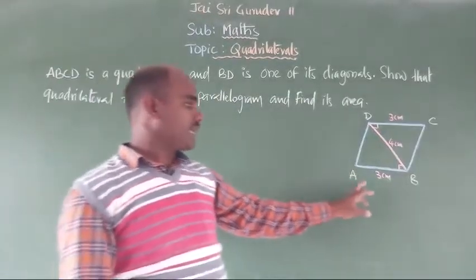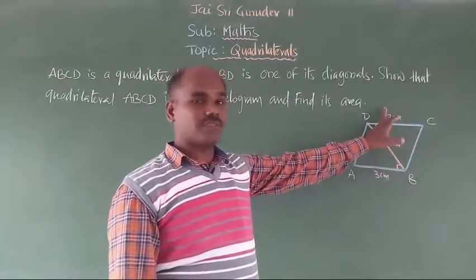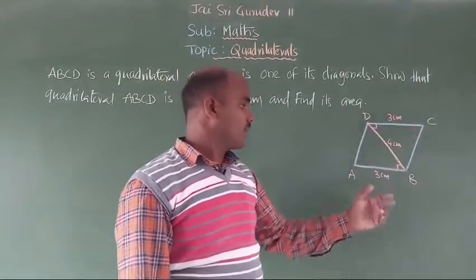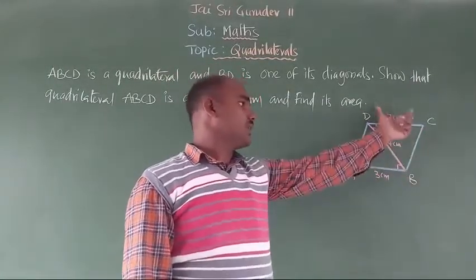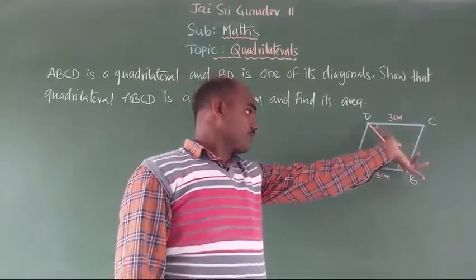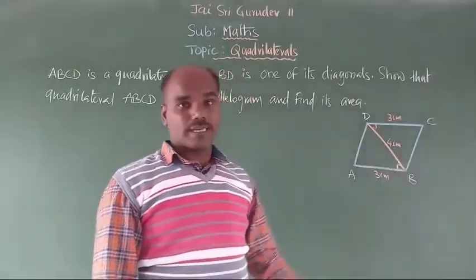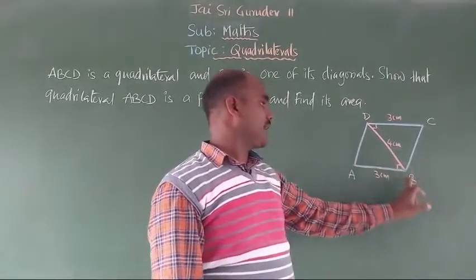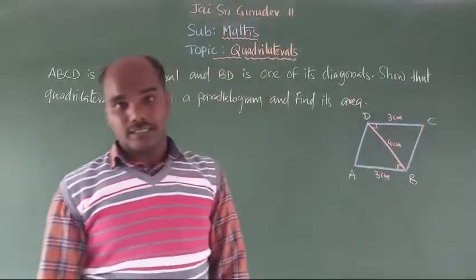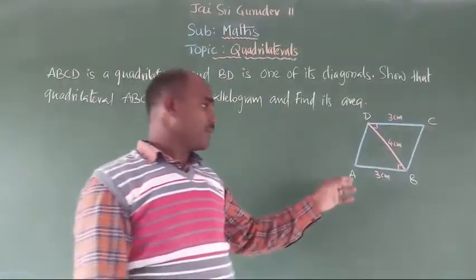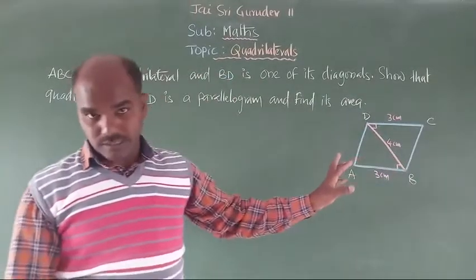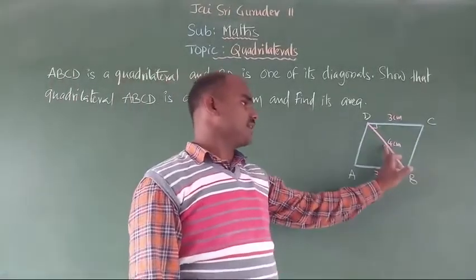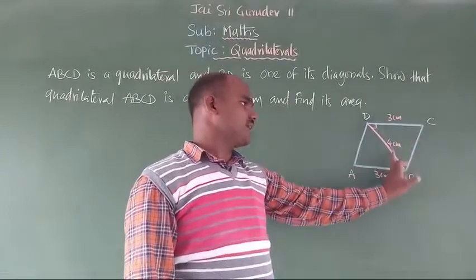So in triangle ABD and triangle BDC, we know that AB is equal to DC, as well as BD is a common side for both triangles, and the angles ABD and BDC are 90 degrees. But don't think it can be applied as the RHS congruency rule.